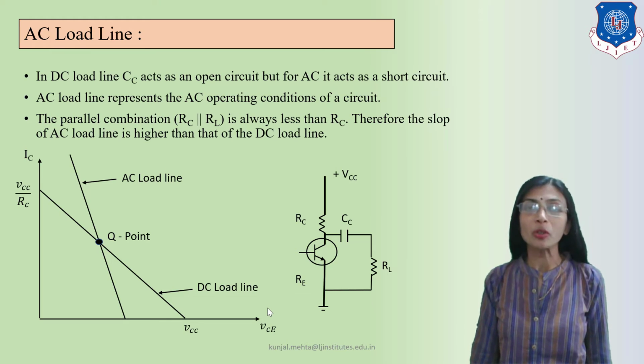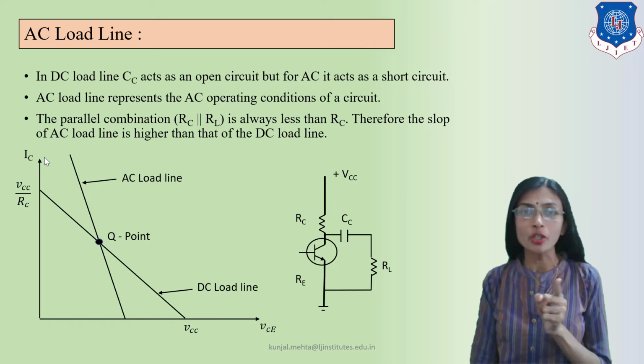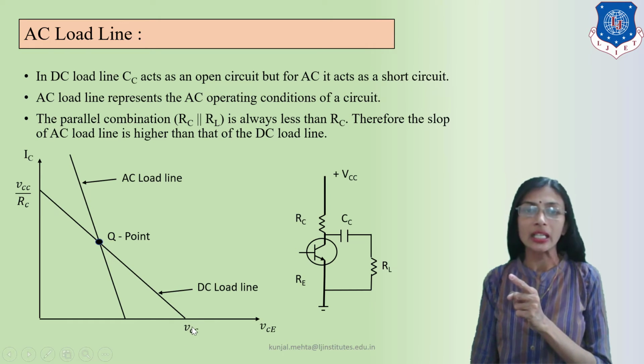All of us know that for common emitter configuration, the output voltage is VCE and the output current is IC. So I have drawn here the x-axis, that is VCE, and the y-axis, that is IC. If we consider IC equal to 0, then we will get the point on the x-axis, that is VCC, which is known as the cutoff point.